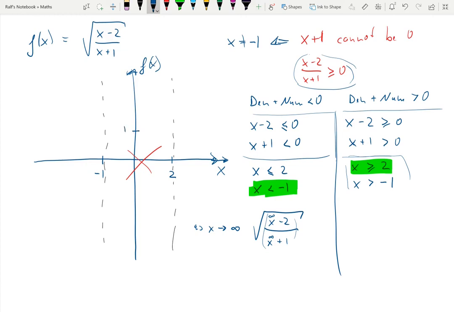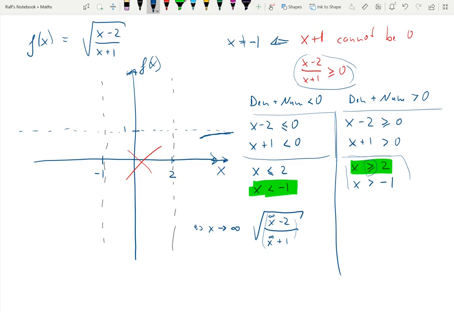So that 1 is now an important value here. As x goes to infinity, we are approaching 1, but we are staying just below. We're getting closer and closer to 1, but always staying below 1. What happens as we go to 2? Remember, there's an equal sign here, so 2 is allowed.